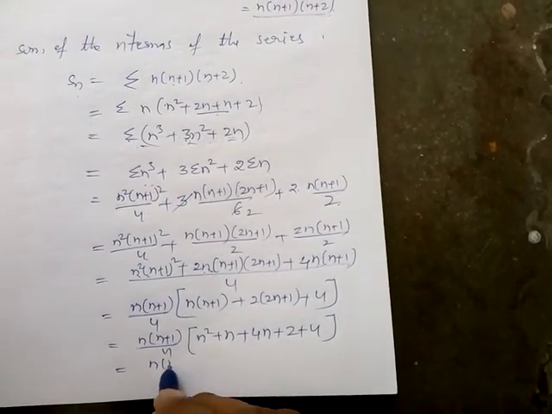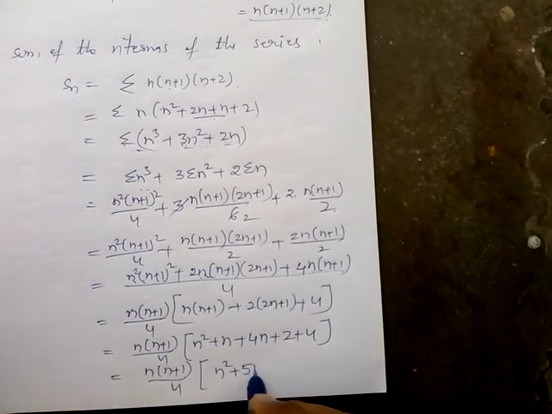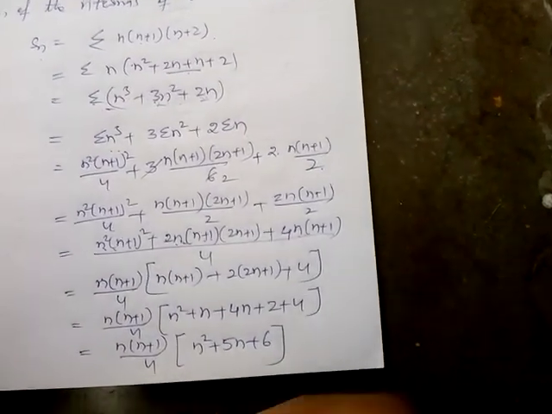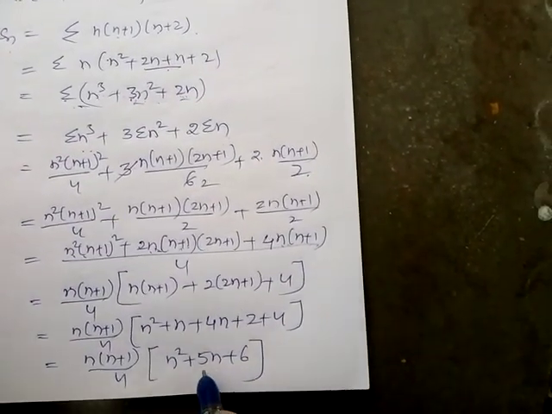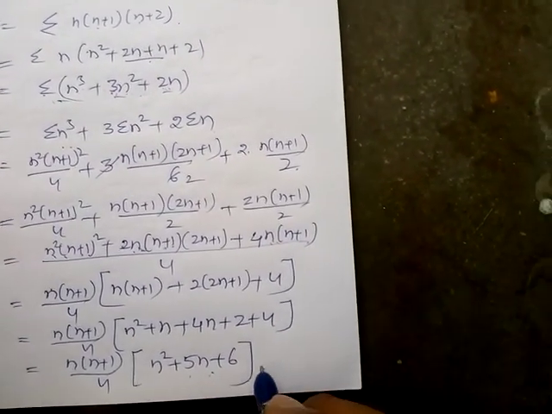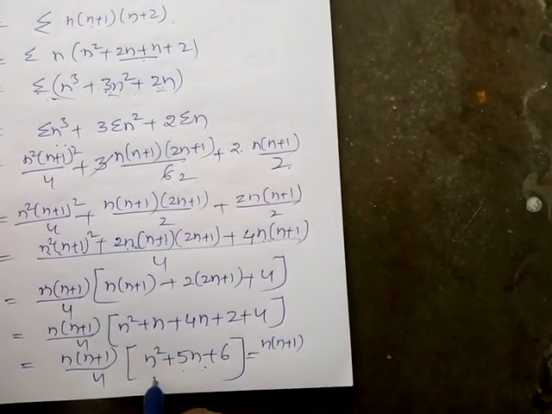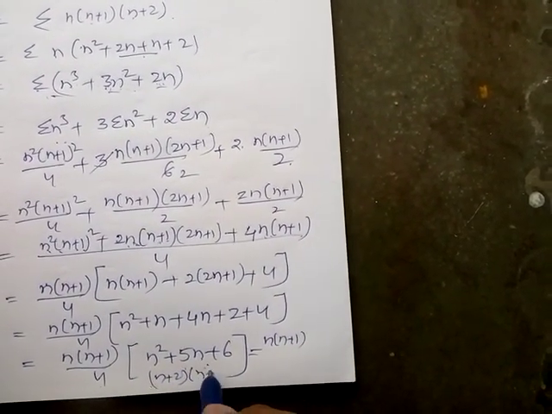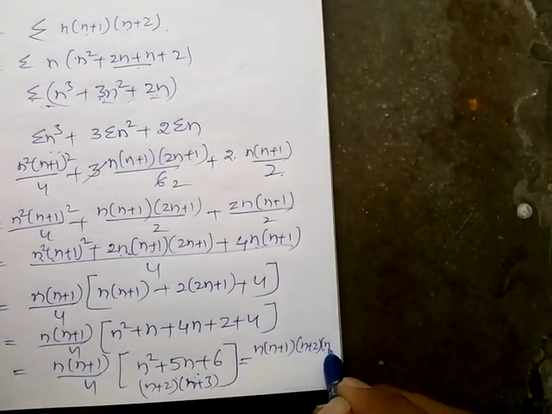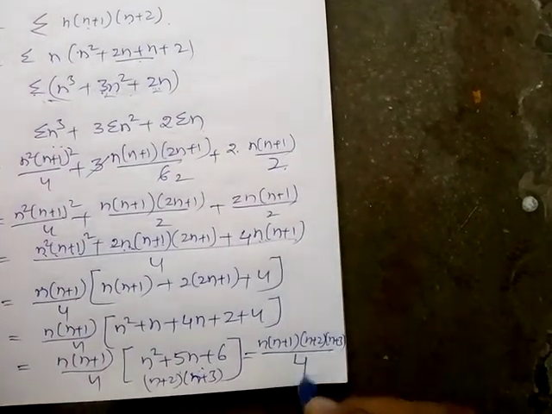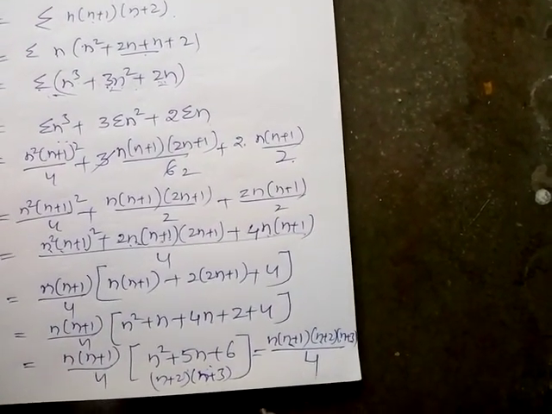So n into n plus 1 by 4, into n square plus 5n plus 6. Now this is resolved into factors, then we get n plus 2 into n plus 3. So the final result is n into n plus 1 into n plus 2 into n plus 3 by 4.